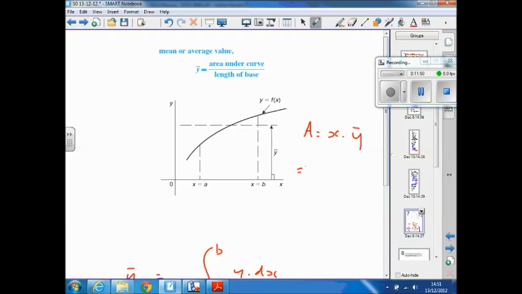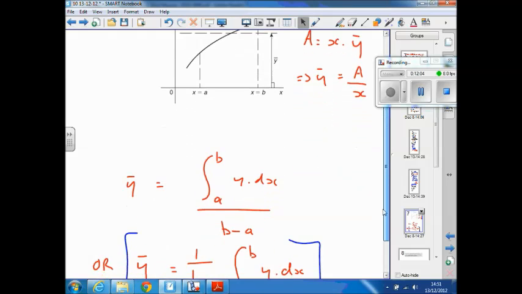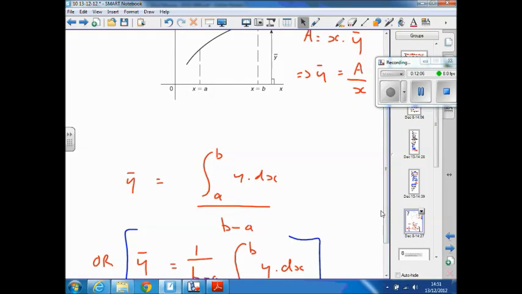Rearranging it, the average value for y must equal the area divided by the x. What's x? It's the distance between my limits, a and b. And written as an integral, the mean value equals the integral under the whole curve, which is the area, divided by the width, x.